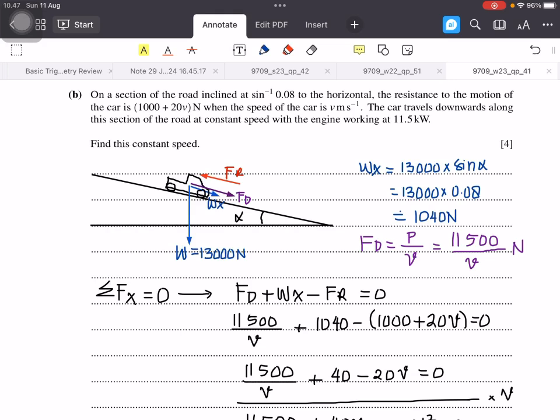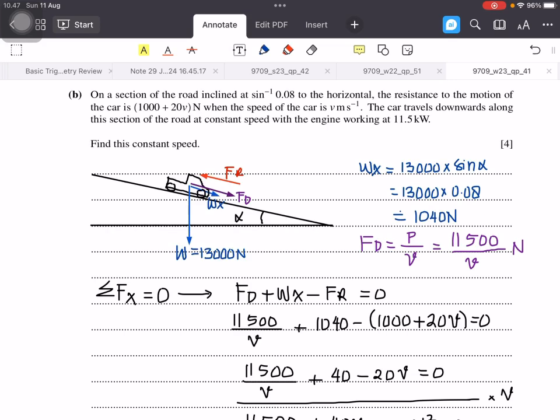Part B. On a section of the road inclined at sine inverse 0.08 to the horizontal, the resistance to the motion of the car is 1000 plus 20 V Newton when the speed of the car is V meter per second. The car travels downward along this section of road at constant speed with the engine working at 11.5 kilowatt.